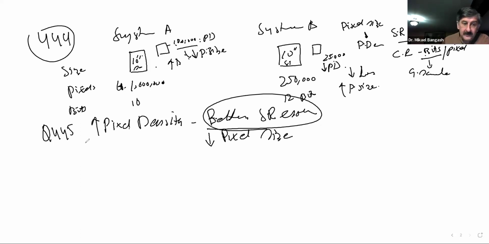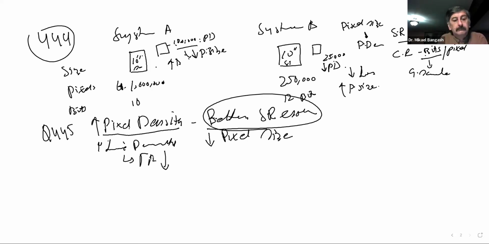Okay. An increase in pixel density is not going to improve your temporal resolution, rather vice versa. Because what did we say? This was meaning line density. And if you increase the line density, what's going to happen to your temporal resolution? That will degrade. Increased line density means an increased number of pulses per frame.